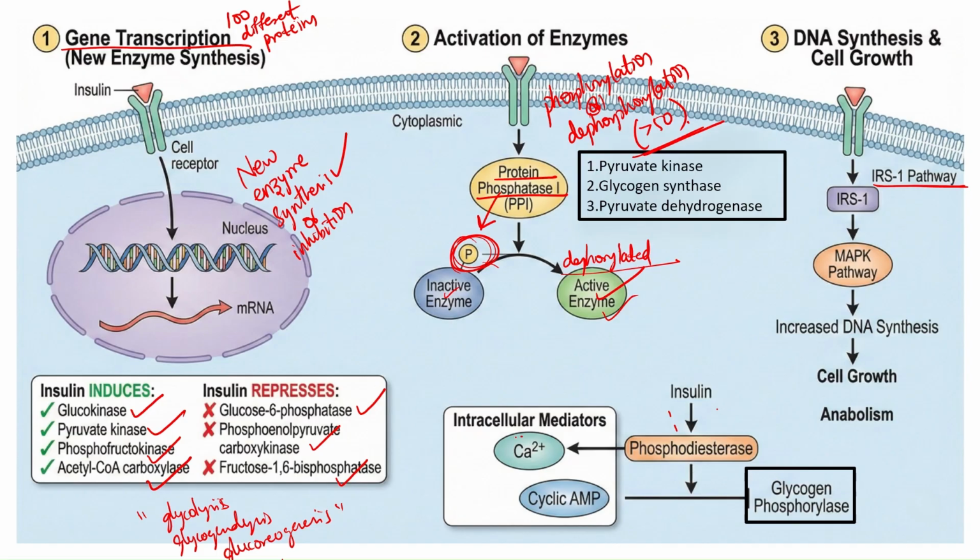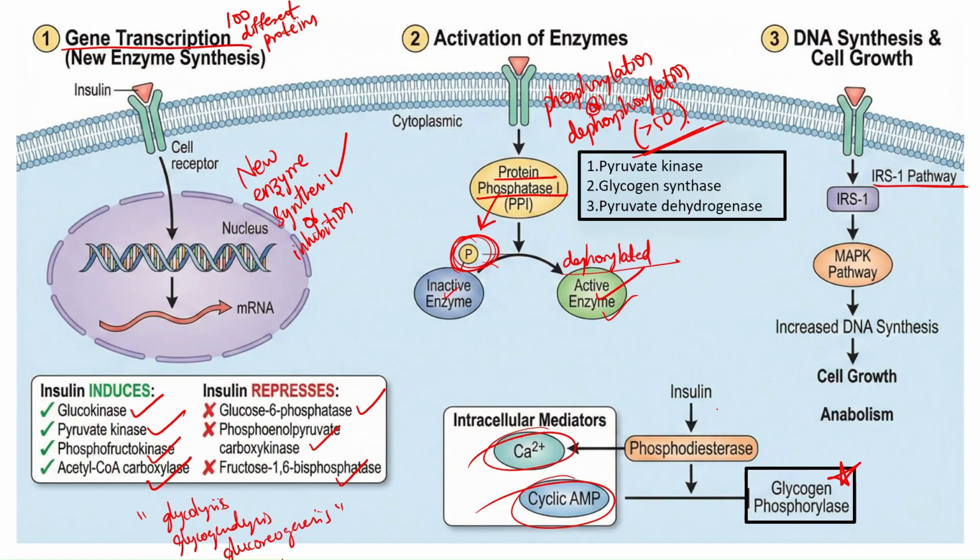These complex pathways rely on two main messengers, the calcium ions and the cyclic AMP molecules. Insulin usually lowers these two molecule levels by increasing the phosphodiesterase enzymes. This drop in cyclic AMP effectively shuts down the enzymes that depend on it, like glycogen phosphorylase, preventing the breakdown of the stored energy.